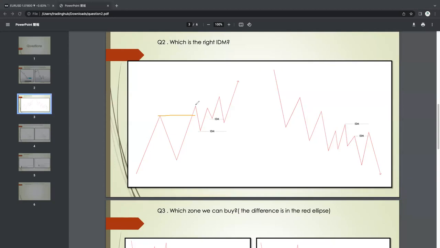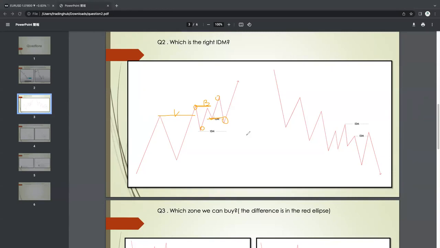If this one is a break of structure, then this becomes our new break of structure, and this is our structure, something like this. So this can be your inducement. If this structure is not here and this is a single leg, then this one is also your inducement. The first recent low is your inducement.